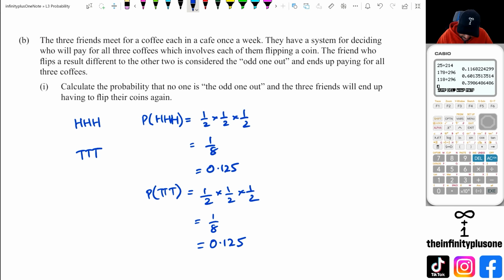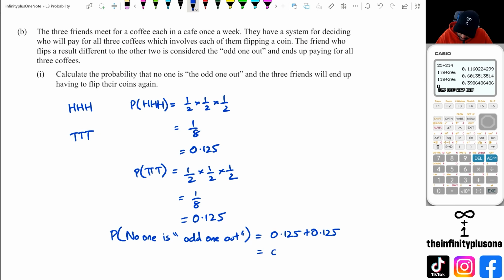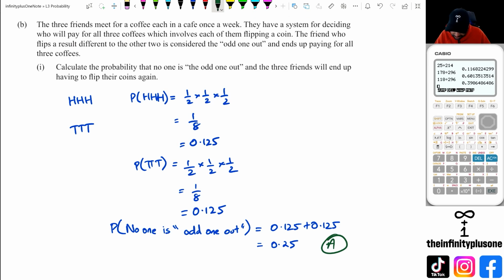So the probability that no one is odd one out is equal to 0.125 plus 0.125, which equals 0.25. So grades wise, this is an achieved question. All right, next question.